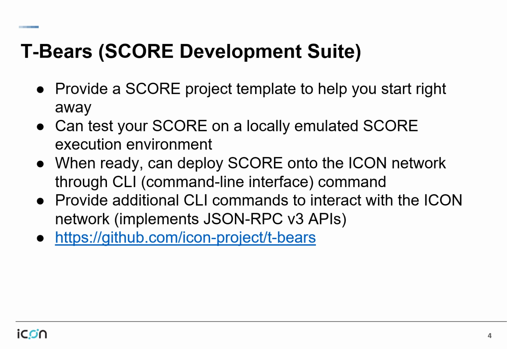After testing your code on the local environment sufficiently, and when you're ready to deploy your Score to the real Icon network, you can deploy the Score onto the Icon network through a T-Bears CLI command. Also, T-Bears provides additional CLI commands to interact with the Icon network, which basically implements JSON RPC version 3 API. For more information, please see the T-Bears GitHub repository.